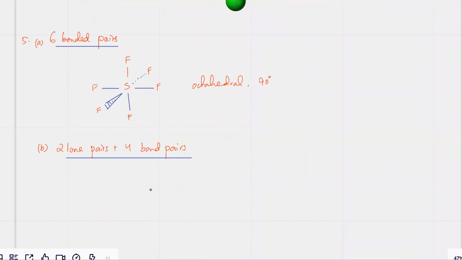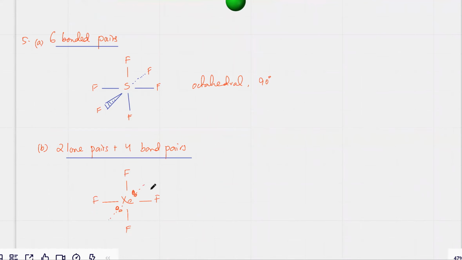Now in that case, xenon with the fluorine, there's going to be fluorine at the top, 1 on the right, 1 at the bottom, 1 on the left. And the lone pairs would be, one would be behind xenon and the other one would be in front of xenon. They would be on the z-axis.